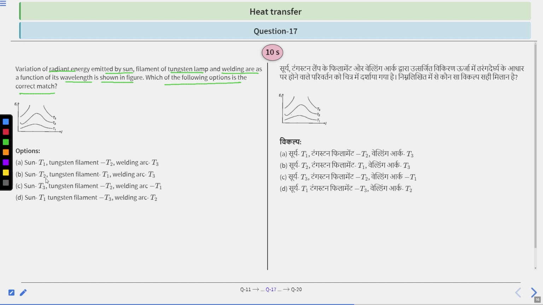Option B, sun T2, tungsten filament T1 and welding arc T3. Option C, sun T3, tungsten filament T2 and welding arc T1. Option D, sun T1, tungsten filament T3 and welding arc T2. So which option is correct? You have 10 seconds to solve this question. After 10 seconds, we will provide the solution.